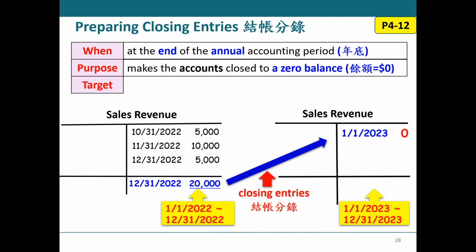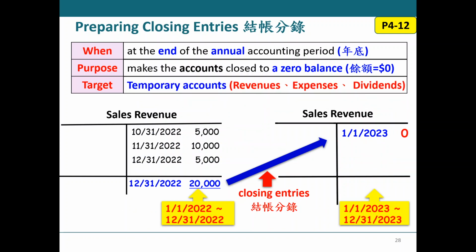So which accounts? We close the book for each account. Revenue, expenses, and dividends, okay? So remember, we do that only for temporary accounts: revenue, expenses, and dividends, okay? So that's how we close the book, and when, and why, and the target, okay?